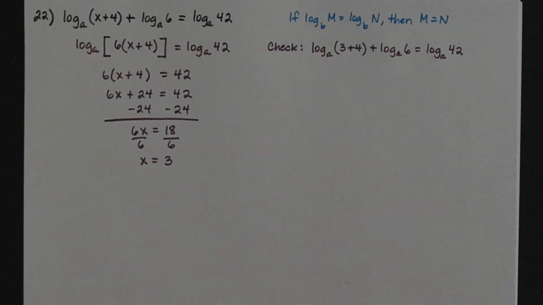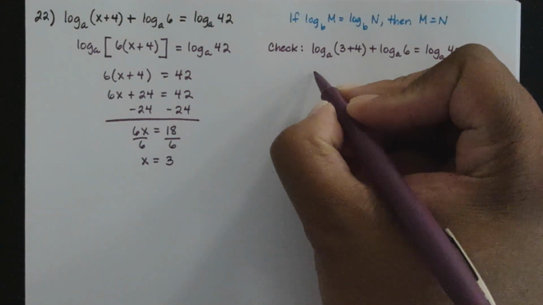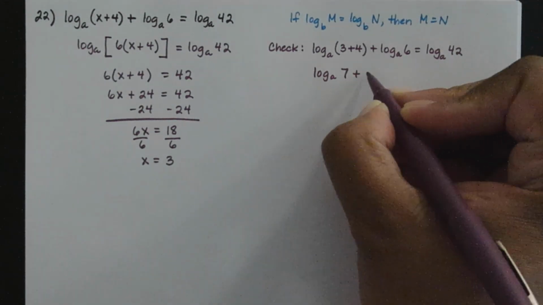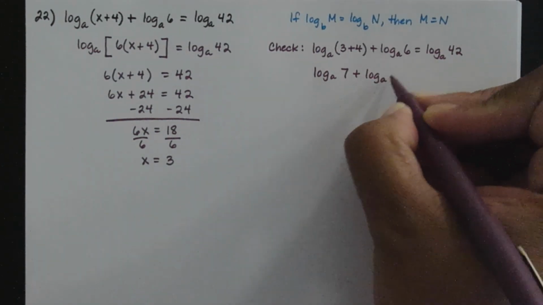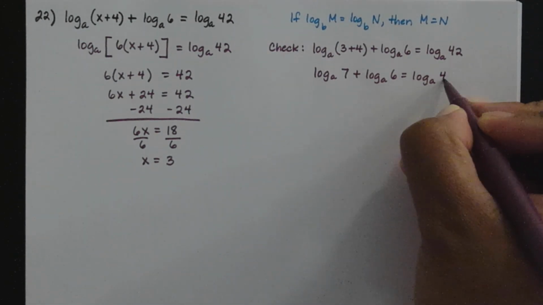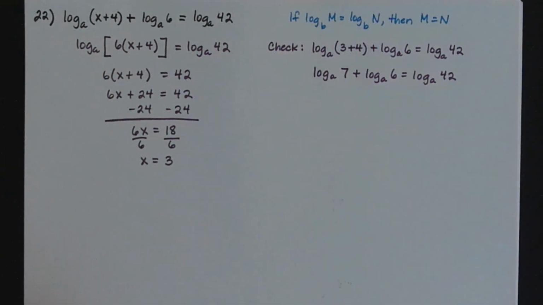Now if I add 3 plus 4, that's going to be 7, so this will be log to the base a of 7, plus log to the base a of 6, equaling log to the base a of 42.